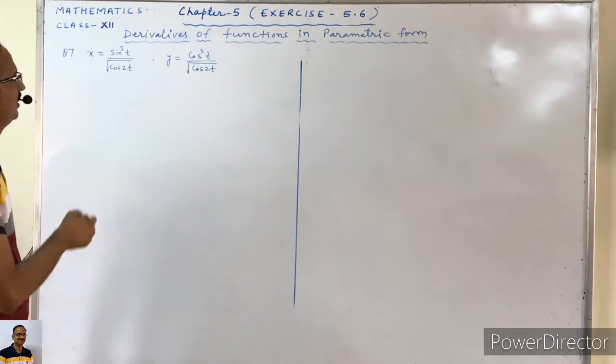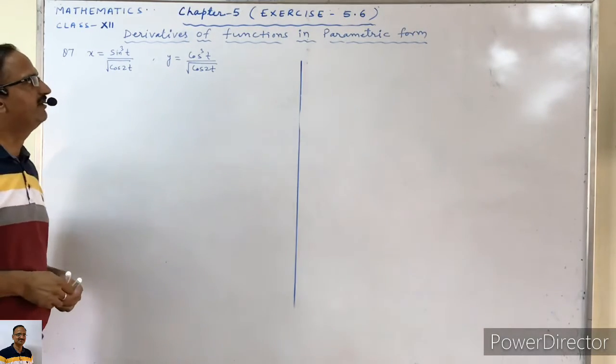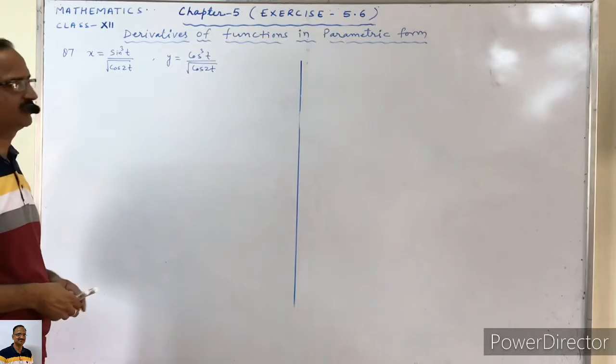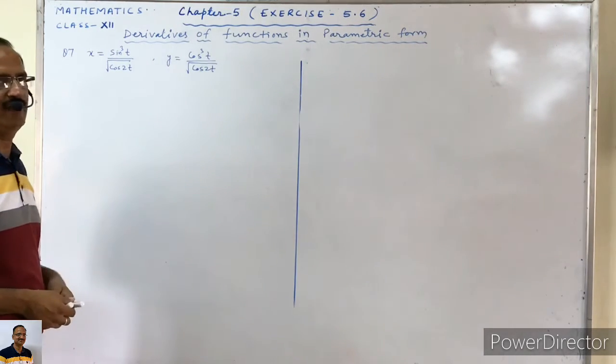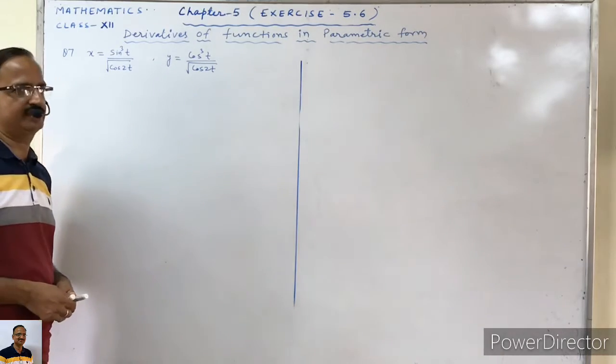This is related to derivatives of functions in parametric forms. These are parametric equations. From these we have to find the value of dy by dx.